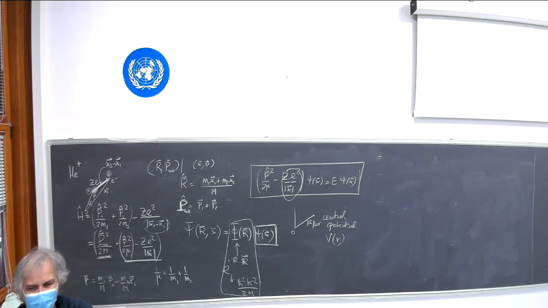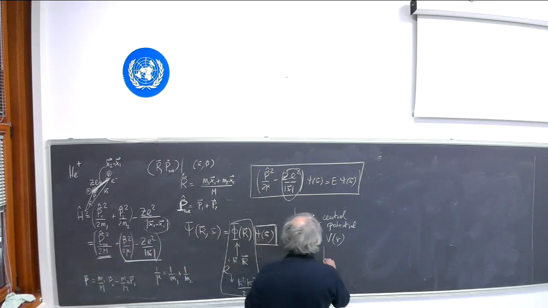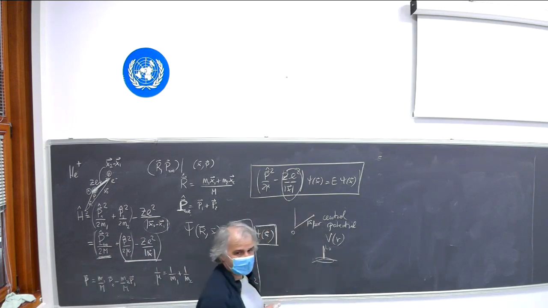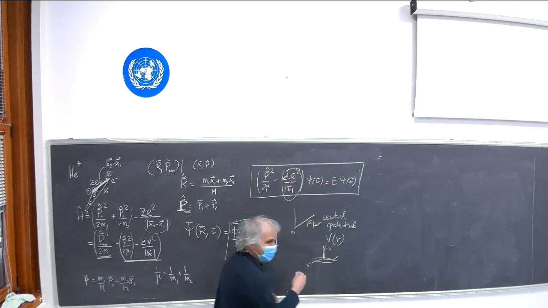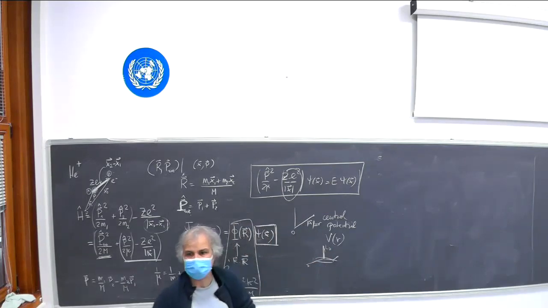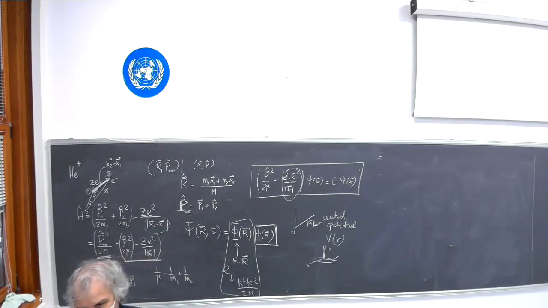And the area law is a statement of conservation of angular momentum. So if you think of this plane to be the x and y plane, this tells me that only Lz is involved. The angular momentum along z is conserved, and therefore if you are farther away, you go slower. If you are closer, you have to go faster in such a way that you sweep equal areas, because the angular momentum is constant along the curve.